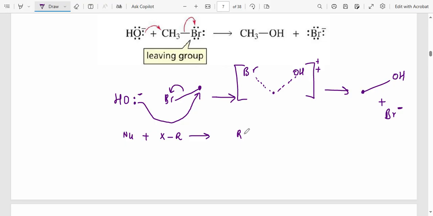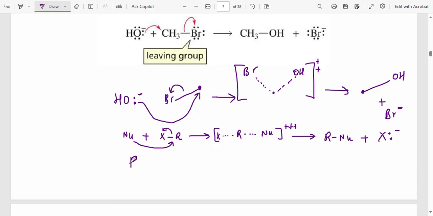The R is going to have a bond with the nucleophile, and then a bond with the X, which is breaking. And then at the end, the bond with X will fully break, and the bond with the nucleophile will still fully form. This X would have gotten the electrons. So always need to make sure that we are showing arrows and they are shown correctly. This is what makes chemistry a bit tricky.